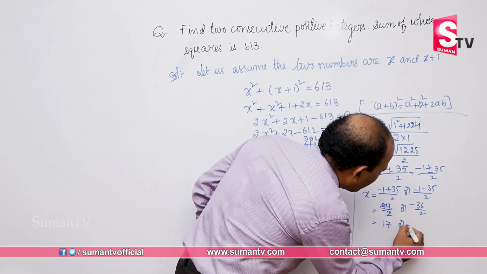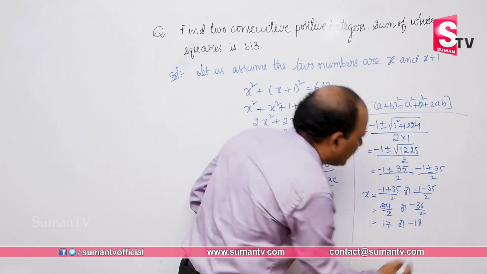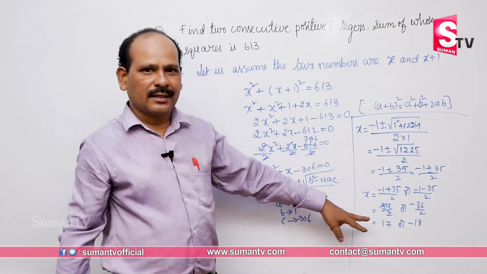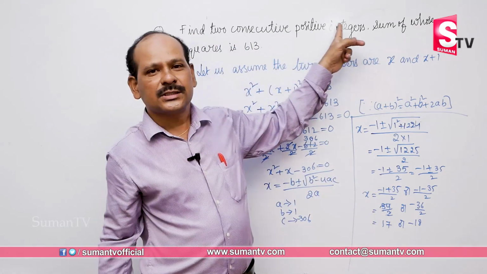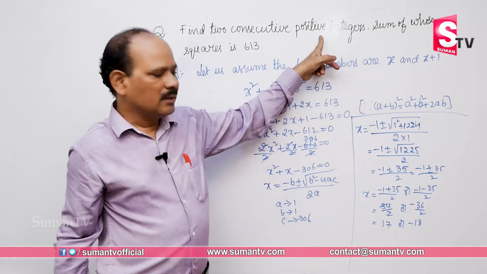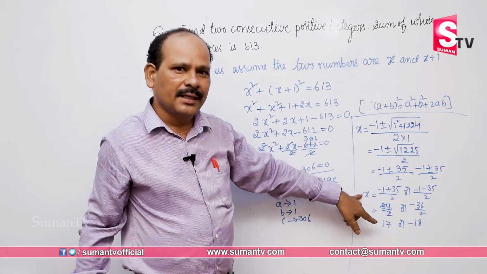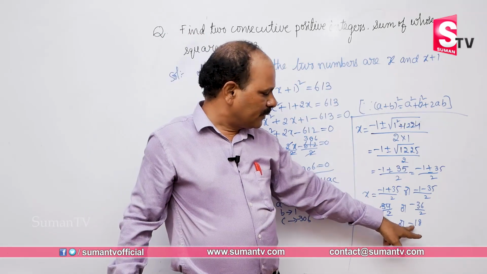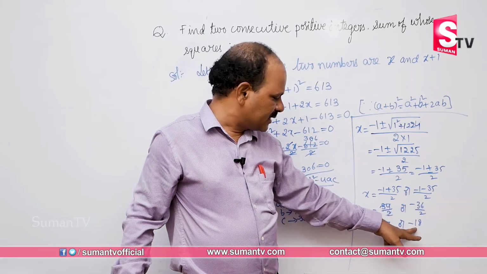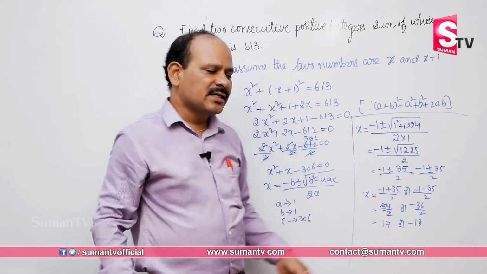17 or minus 18. But in the question it is clearly mentioned the two consecutive positive numbers. So the x value must be positive. It should not be negative. So I am removing this minus 18. I am taking x as 17.